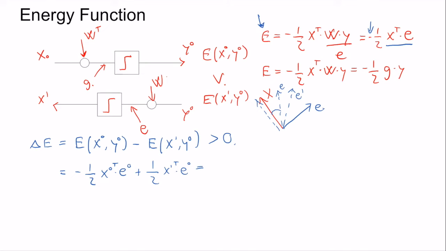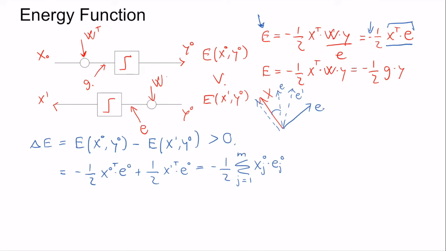And then because this is an inner product, I can write this as minus 1/2 of the summation over j from j equals 1 to m of xj0 times ej0.